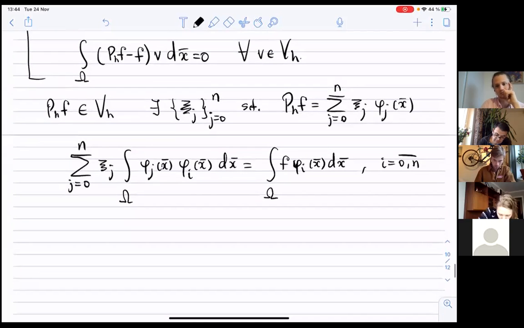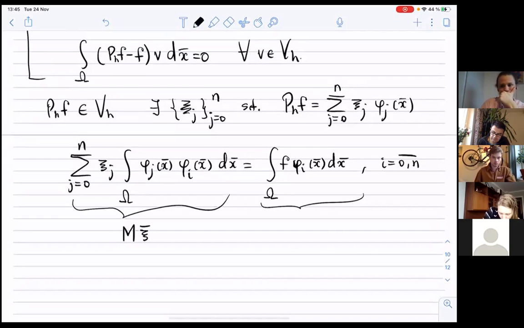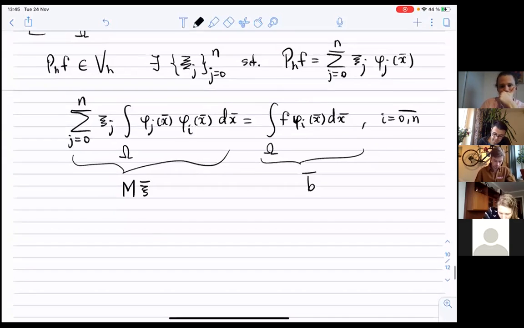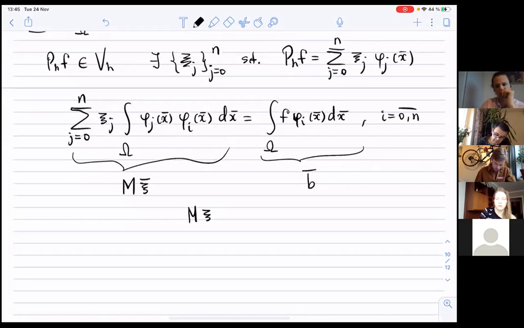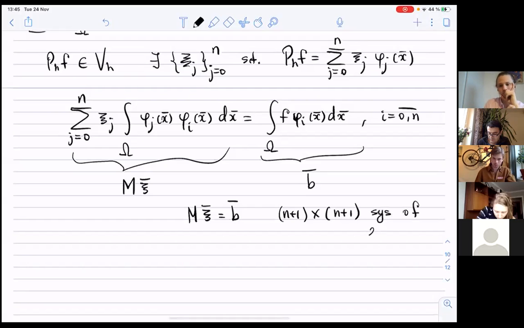And of course, this resulting system matrix we would call A, but let me just denote it by M. We usually use A for the stiffness matrix, but this M is a mass matrix. So M psi equals the right hand side vector b. And we obtain this system of equations, an (n plus 1) times (n plus 1) system of linear equations.